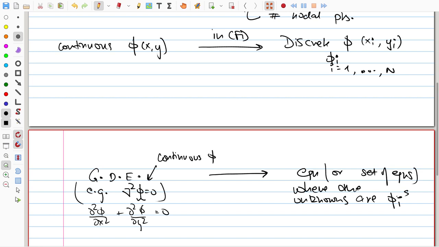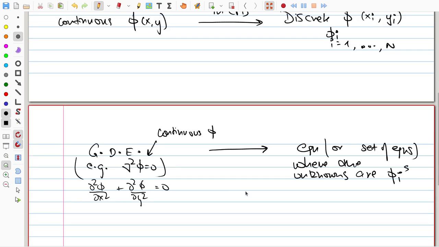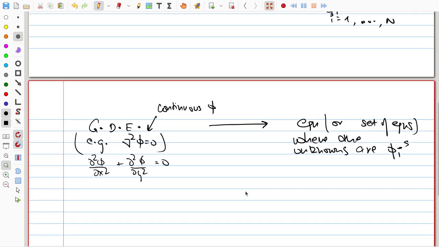So the first step that we will be doing is to convert our differential equation to an equation for phi i's. Now since phi i's are discrete in number, we call these sets of equations discretized equations or discrete equations. This process is called discretization, and that is what we will be discussing today.